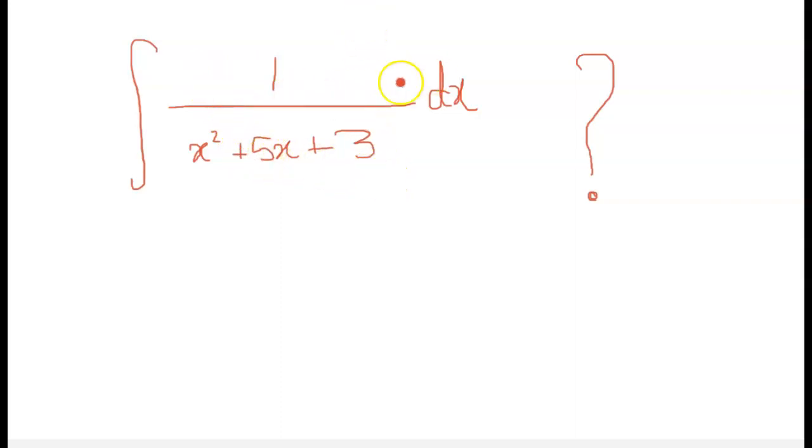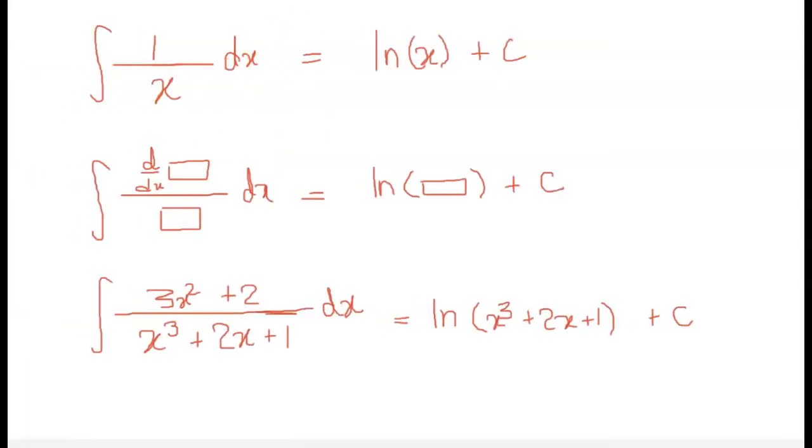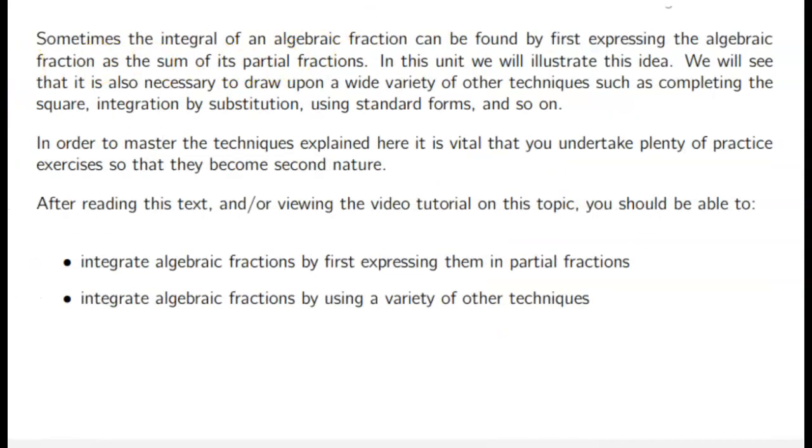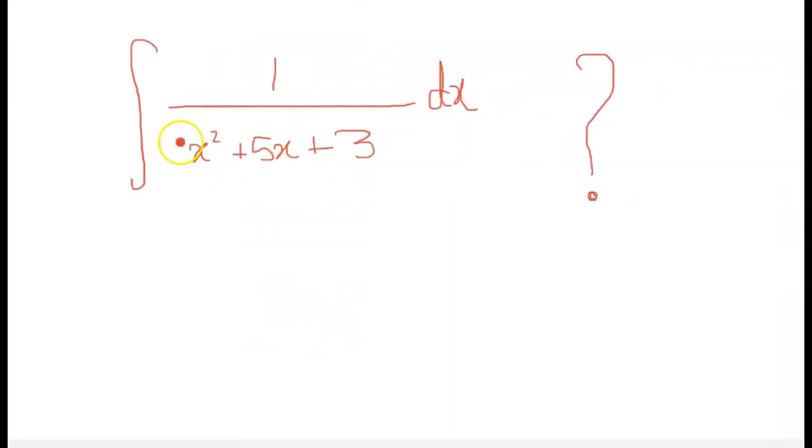To do that one, first we need to convert the term into its algebraic fractions, and then write it in the form of partial fractions. So here we will learn how to convert into partial fractions. So let's say we got a case like this and we are stuck. We need to convert the bottom one into partial fractions first, and then we can integrate.